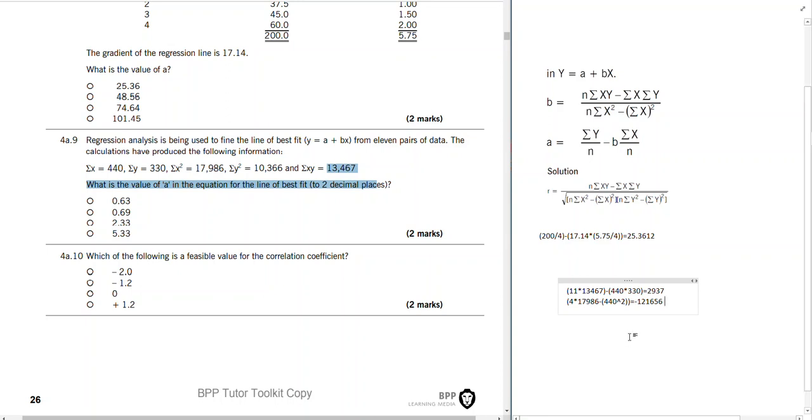So let me double check that I've done this correctly, with my calculator. 4 multiplied by 17,986 minus 440 power 2. Yeah, it seems correct.